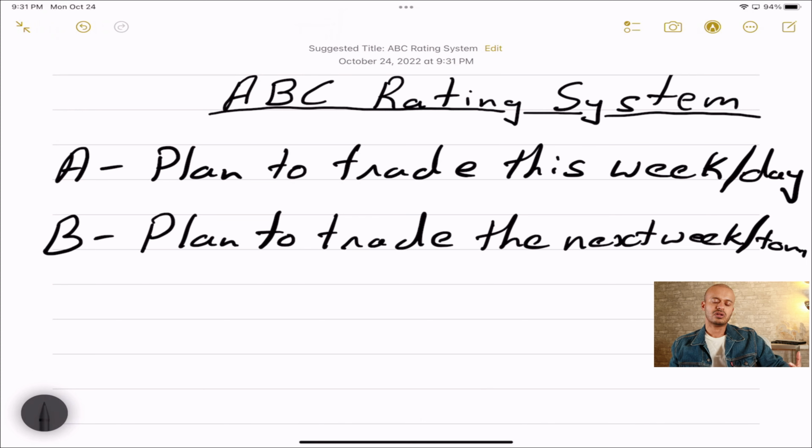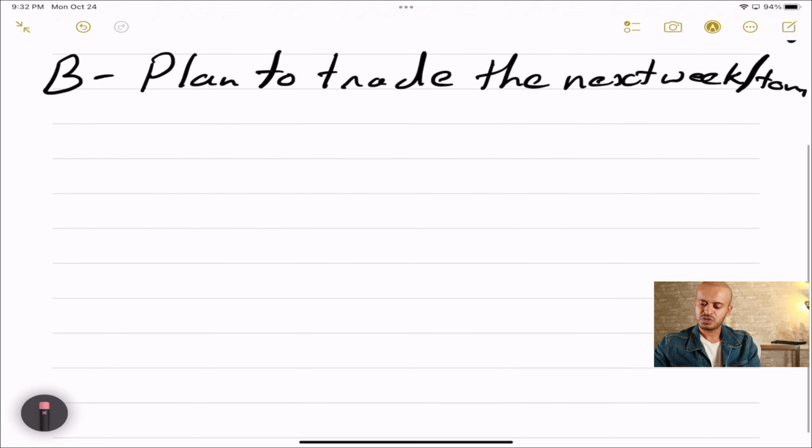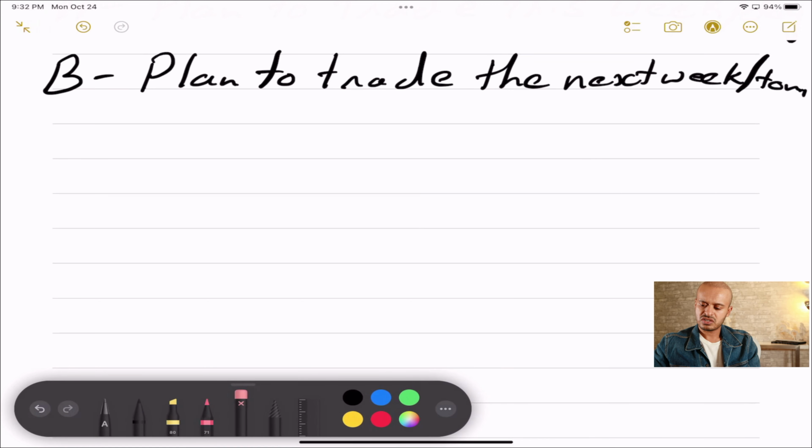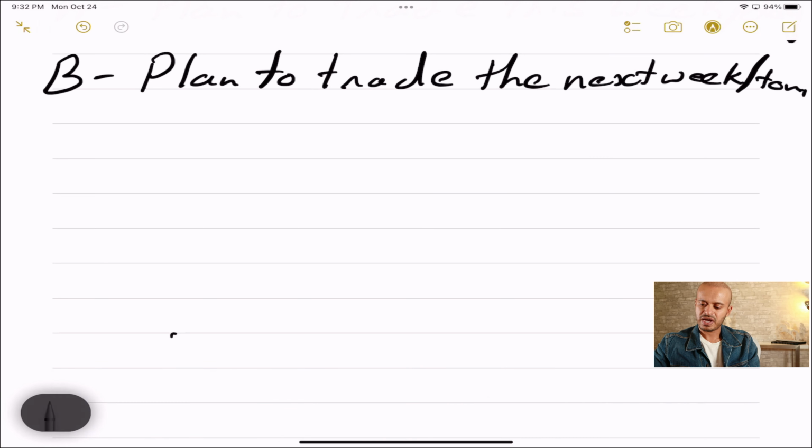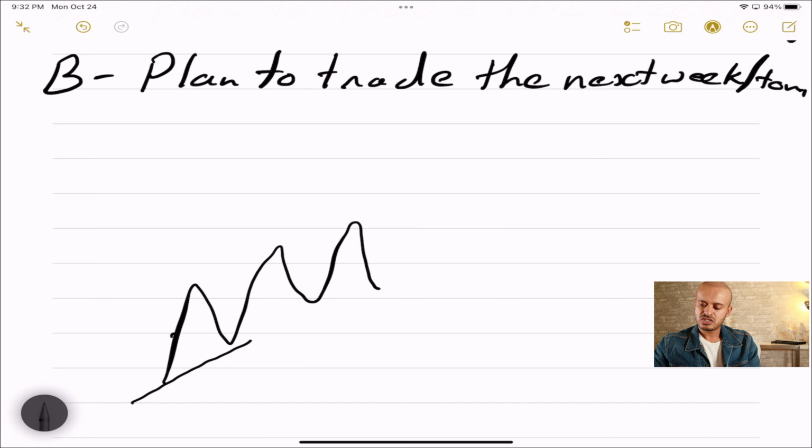And why is this important? Say, for example, you're looking at your moving averages. I don't want to dirty the plane, but let's say a stock is trading like this and like this and like this, and this is your moving average line. And say this is where you would like to buy the stock.